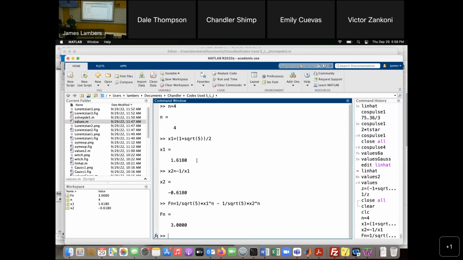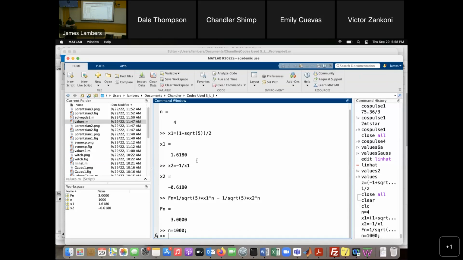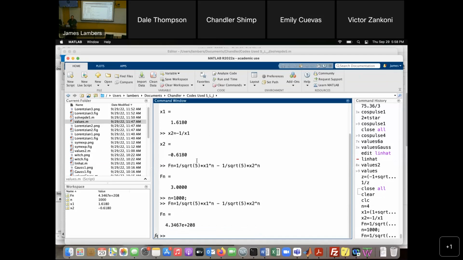I guess it's the fifth Fibonacci number of index 4. This could be the 1000th one. That's a big number.